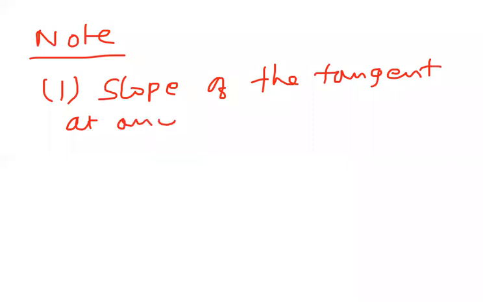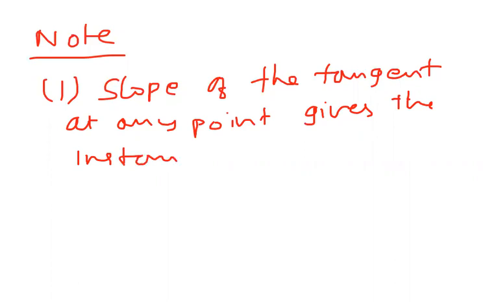So last, what can we conclude for position time graphs? Note the first point, remember this point well: slope of the tangent at any point gives the instantaneous velocity.